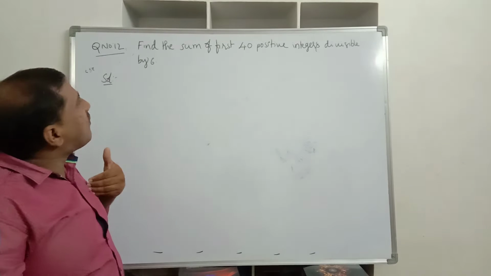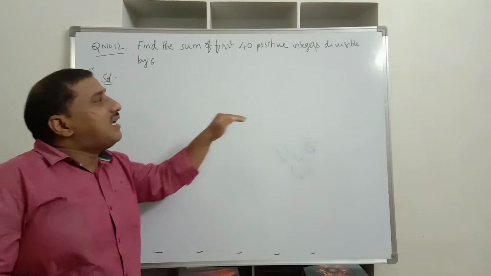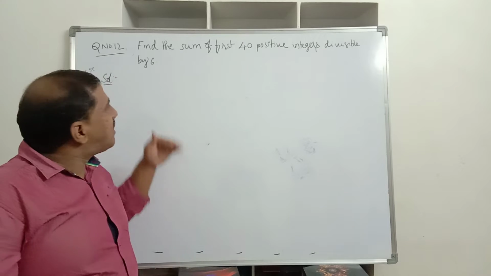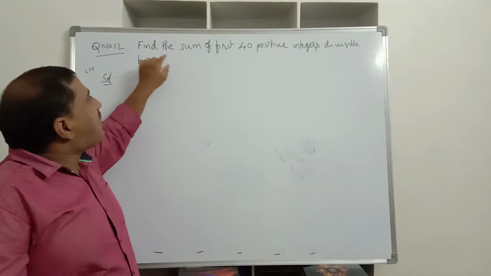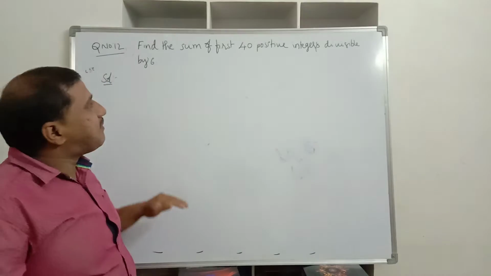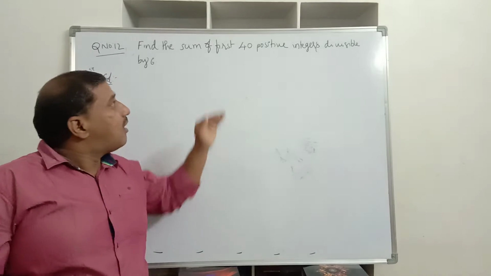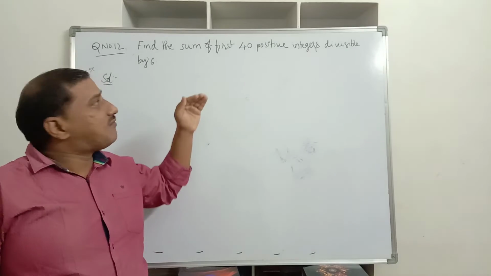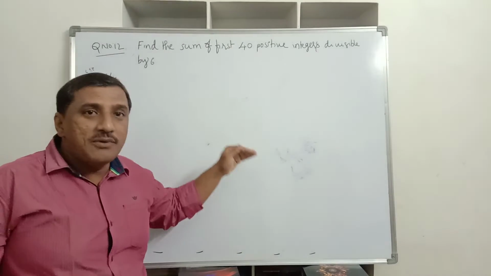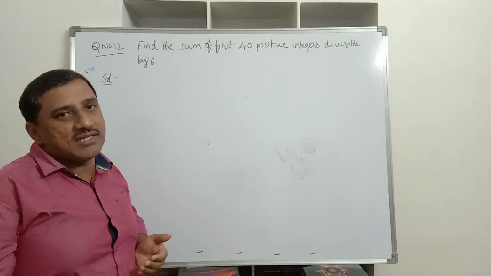So indirectly, we need to find the sum of the first 40 multiples of 6.